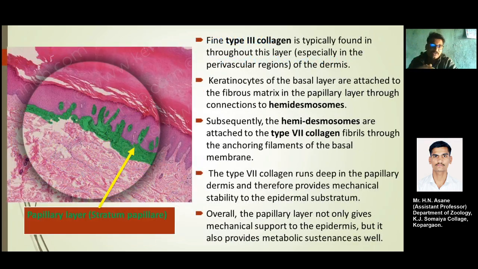This papillary layer invades into the epidermis, and the papillae formed this way give the papillary layer its name. Subsequently the hemidesmosomes provide stability to this, and the type 6 collagens give stability to the epidermal substratum.